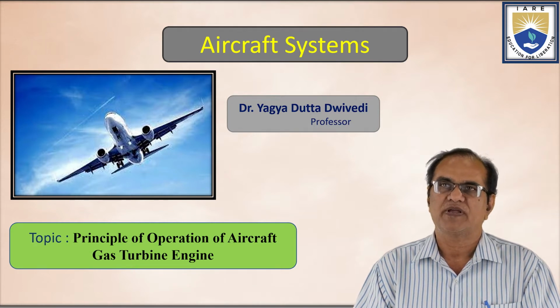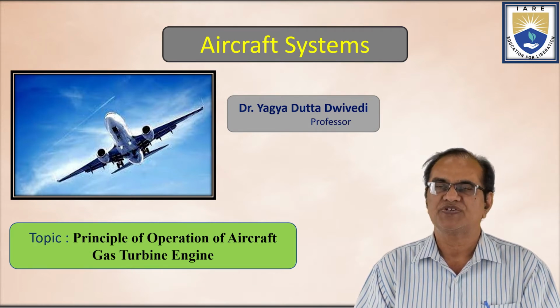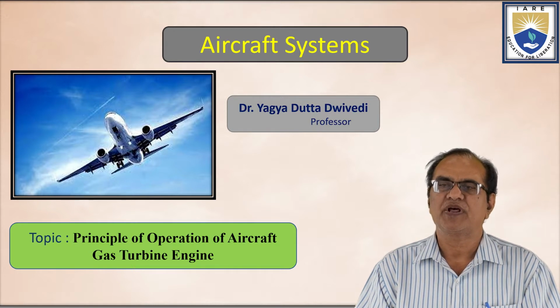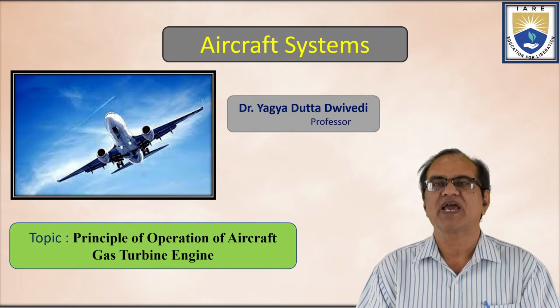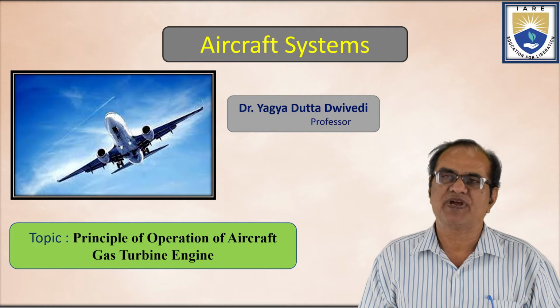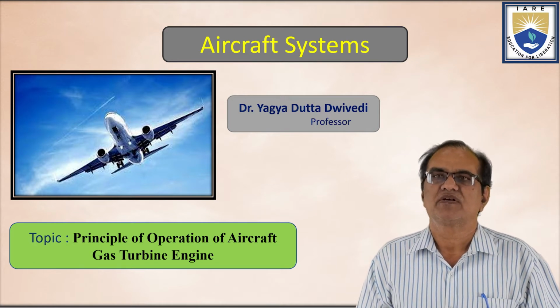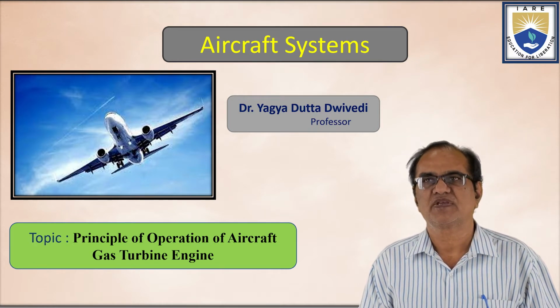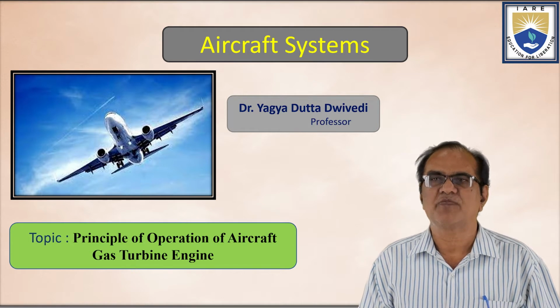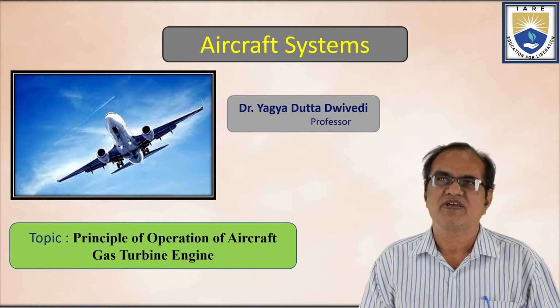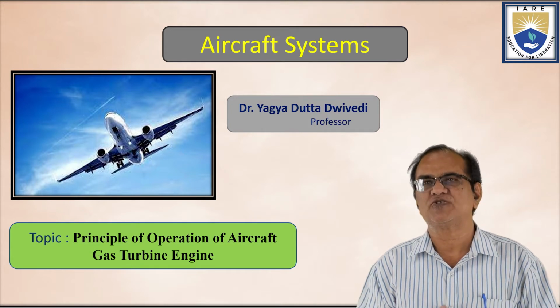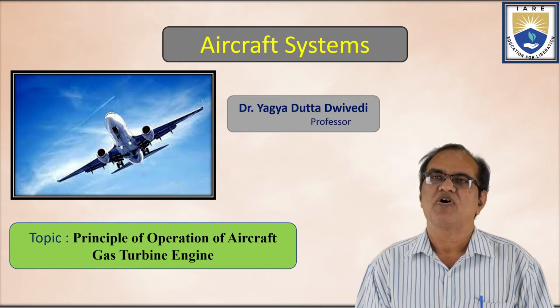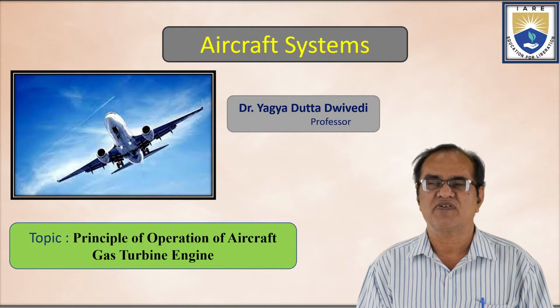Then we have the combustion chamber, then the turbine, a very simple gas turbine engine. Nowadays, this company has become Safran; in olden days, it was Turbomeca. Now a few companies have joined hands and they are of French origin.